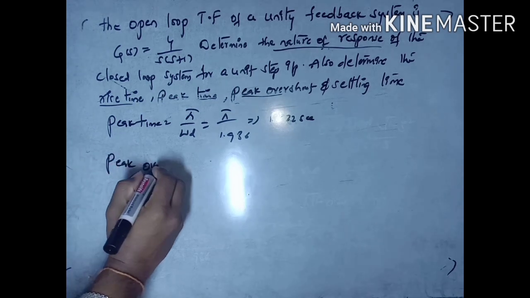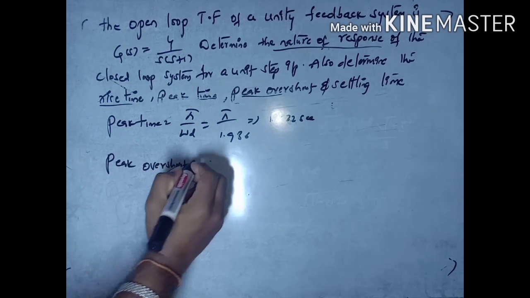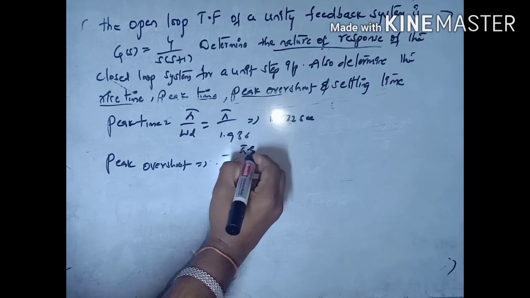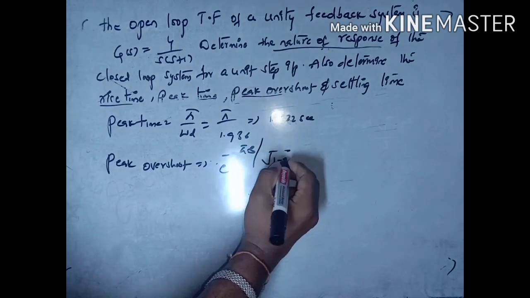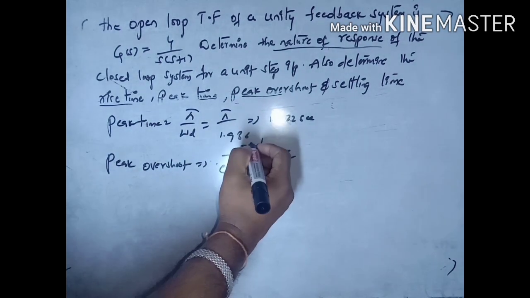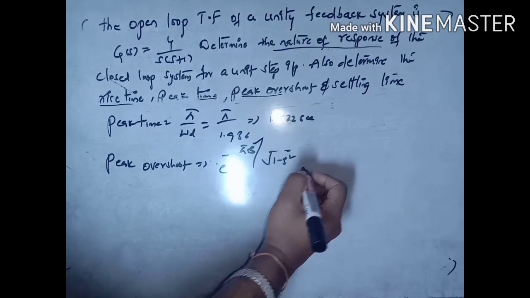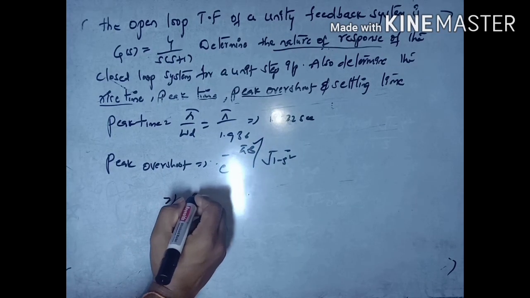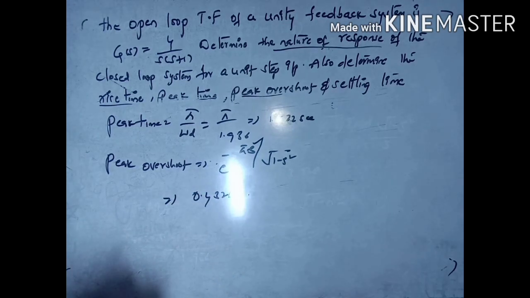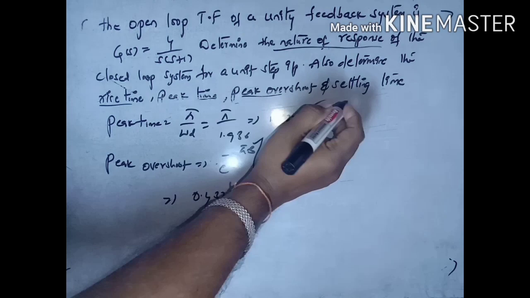Peak overshoot equals exponential power minus pi zeta / square root of 1 minus zeta squared. This is the equation for peak overshoot, and if we substitute the zeta value in this, we get the overall value of peak overshoot as 0.4326.